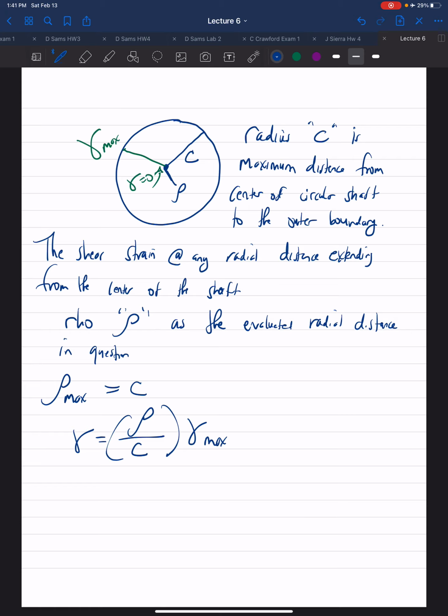This is valid because there's a linear relationship between the shear strain and the distance from the center.